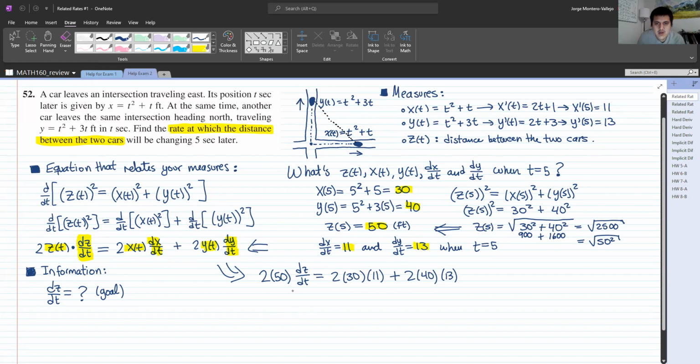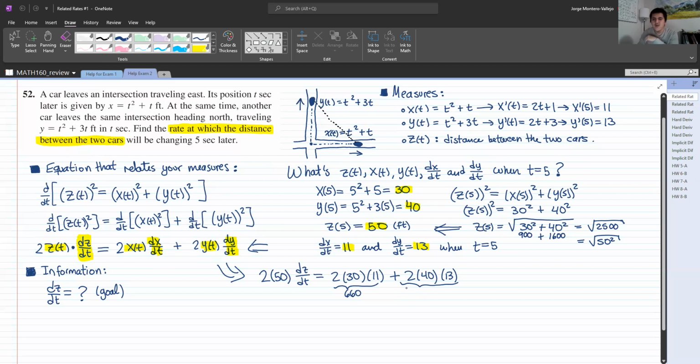Now, since we are solving for dz/dt, we can already multiply this thing out. So this is 2 times 30, that's 60, 60 times 11, that's 660, right? And then this is 80 times 13. Well, 8 times 13, that's 80 plus 24. That is 112. Wait, no. What am I talking about? That is 104.